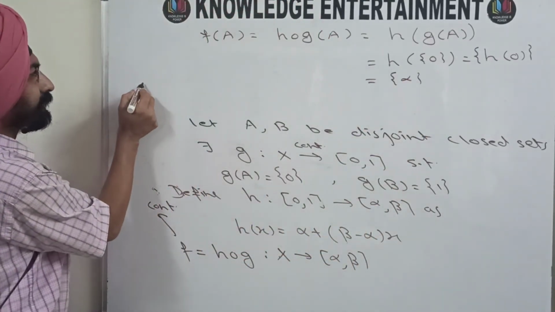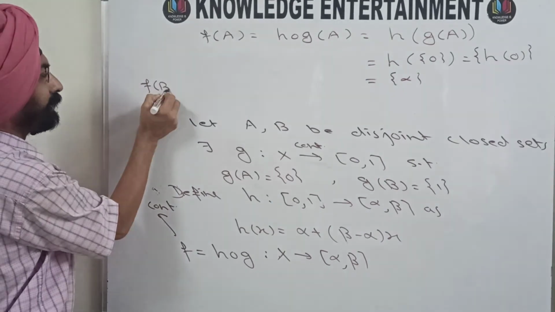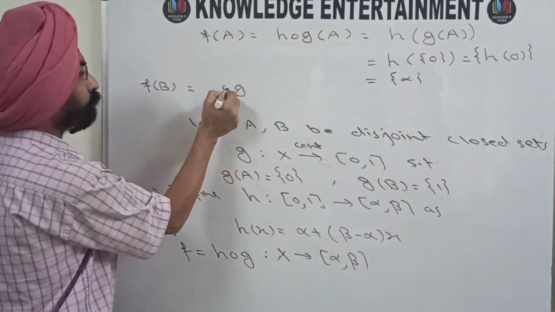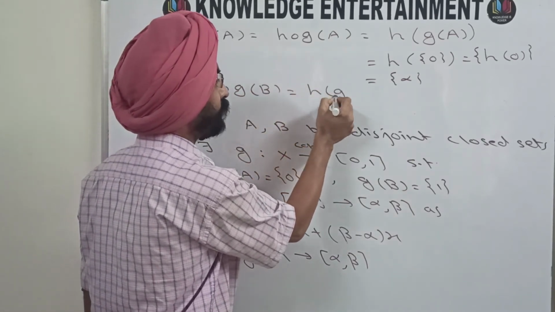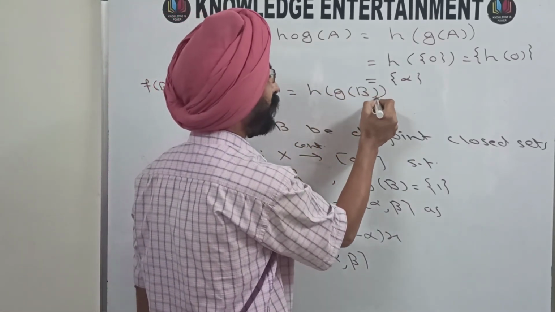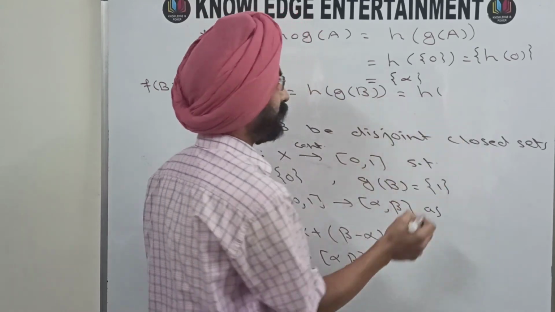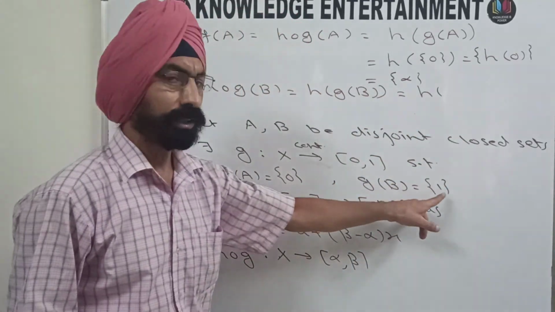Similarly, what is f of B? It is g composite h of B, means h of g of B, but g of B is 1.